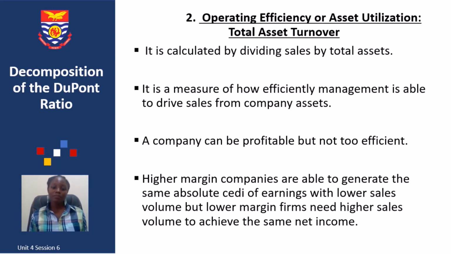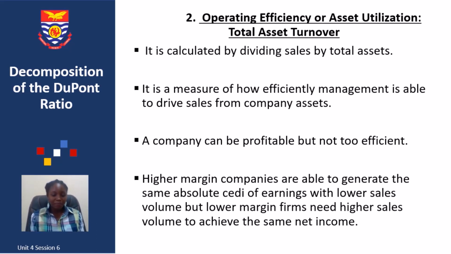Now a company can be very profitable but not too efficient, so you can be making a lot of profits but using a certain amount of resources, but you can equally make more profits without wasting a lot of assets or resources. And so higher margin companies are able to generate the same absolute CD of earnings using lower volumes, but low margin firms need higher volumes in order to achieve the same net income.